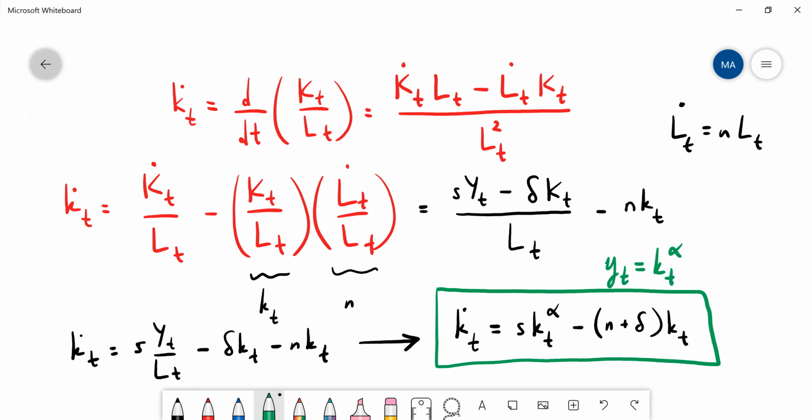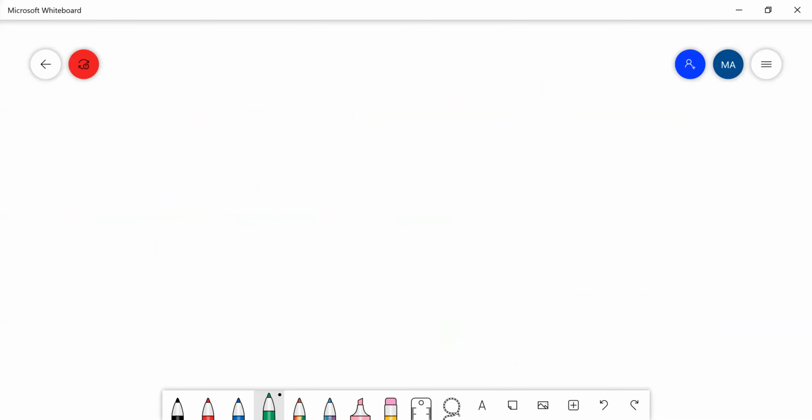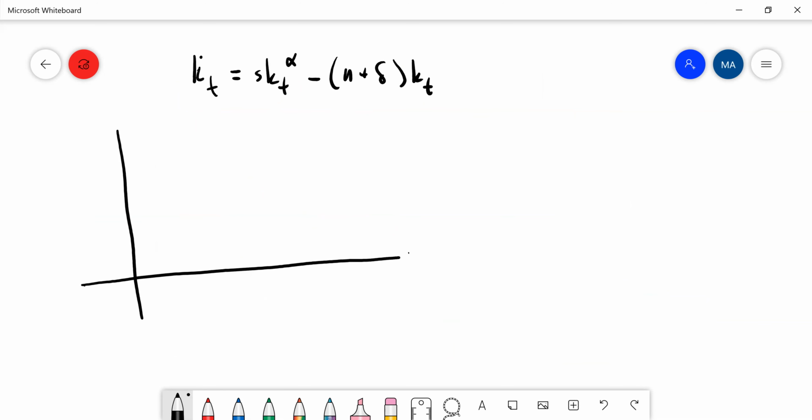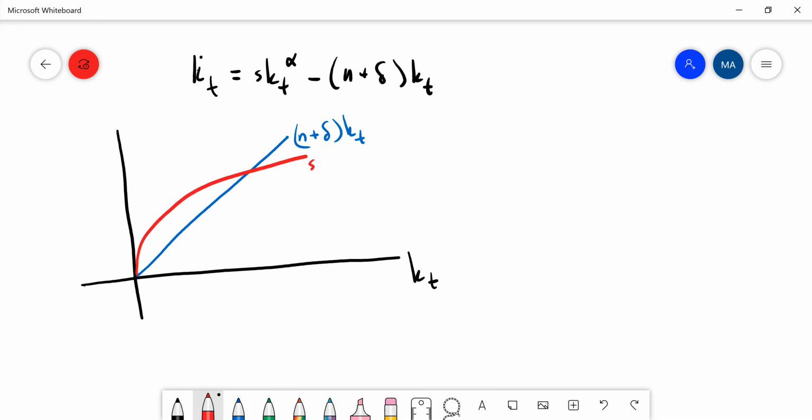So again, I can execute the very same analysis, right? So I have k dot t equals s k_t^alpha minus (n plus delta) k_t. So if you draw it, you have your (n plus delta) k_t, and you also have s k_t^alpha.